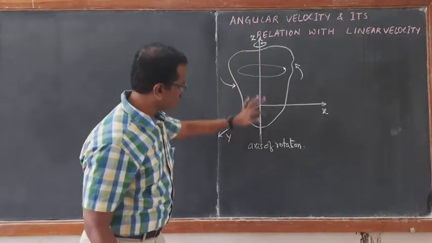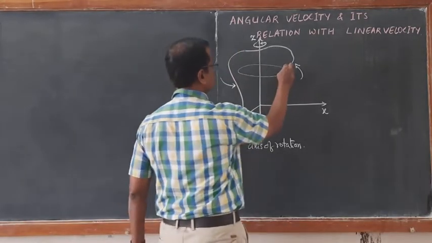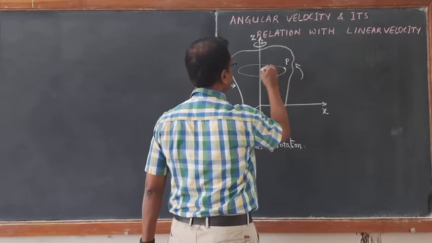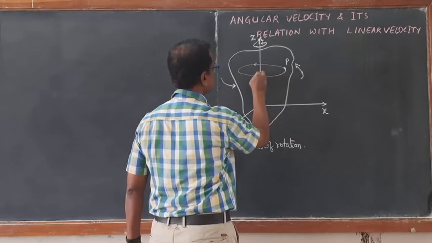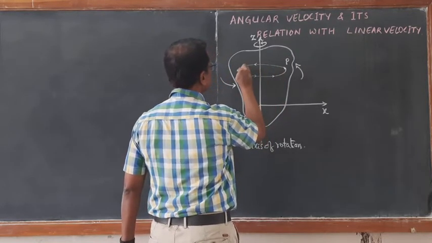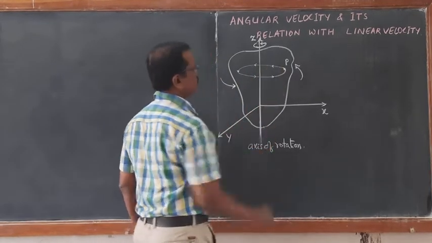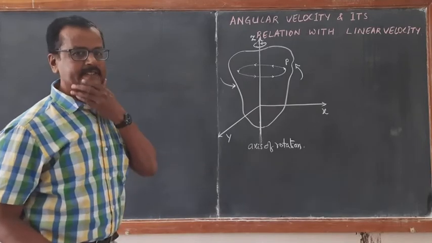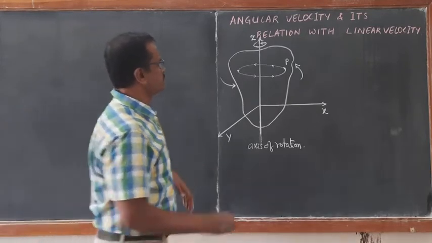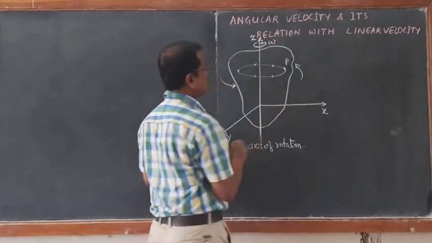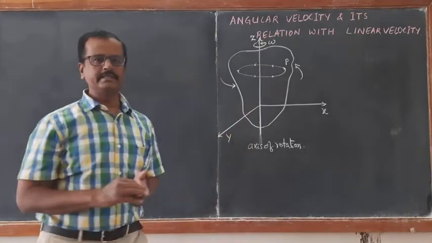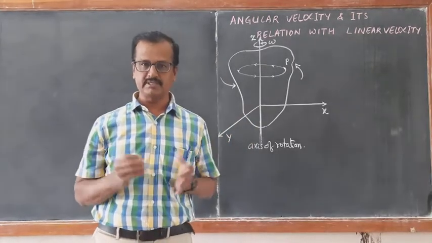This is the fixed axis of rotation. Consider the particle P. This particle undergoes circular motion. Right? Now, first we define what is angular velocity. Angular velocity is denoted by omega. We know that angular velocity is the rate of change of angular displacement.